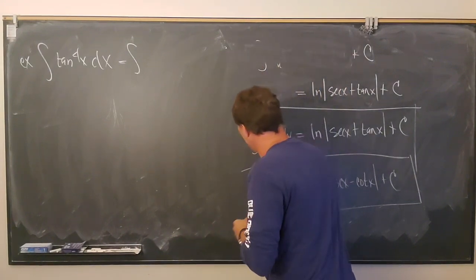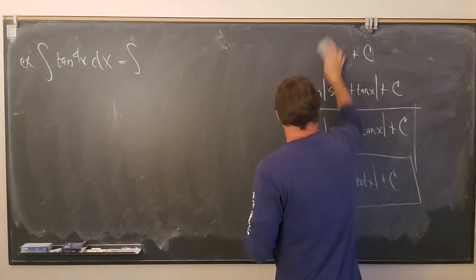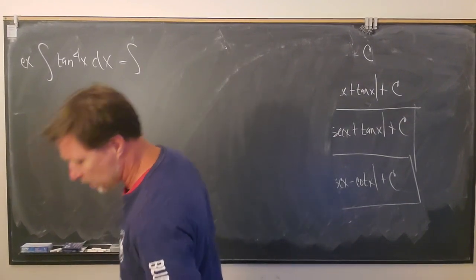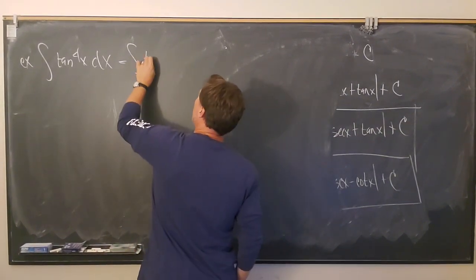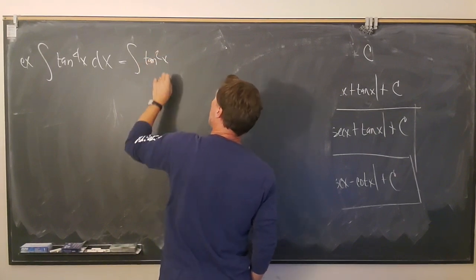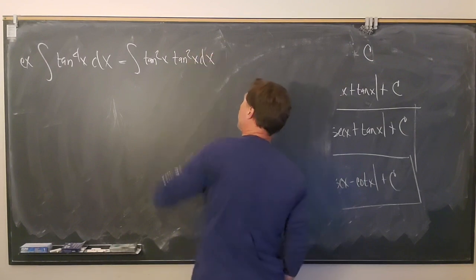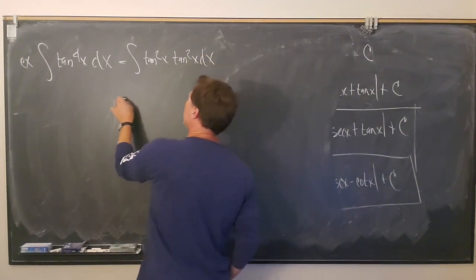Switching to sines and cosines can sometimes be useful, but in this case, I want to make use of identity number 4. So I'm going to rewrite this as tangent squared x times tangent squared x, so just split that up. And then I'm going to apply identity number 4.